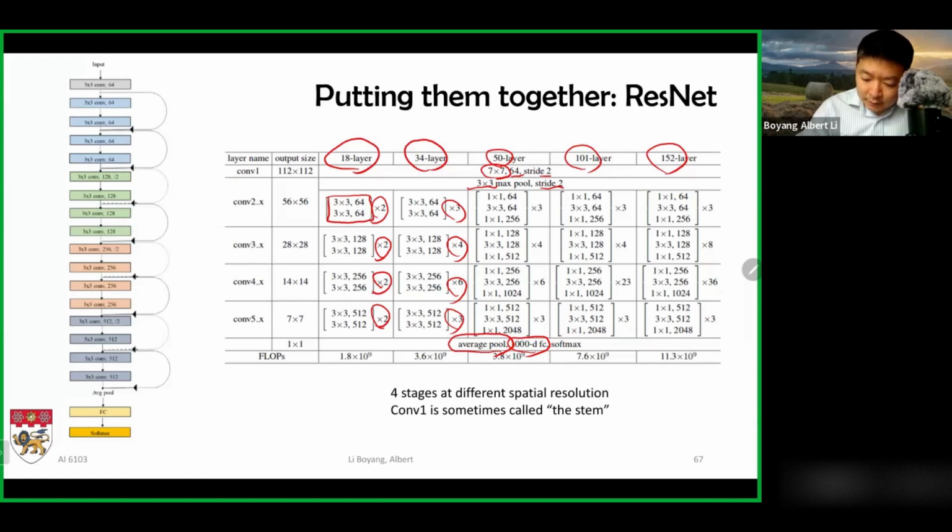So the 18 and the 34 are pretty similar, and then the 50, the 101, and the 152 are similar in the sense that they use the same building block. Okay, so in the later three networks, the building blocks are known as bottleneck blocks.